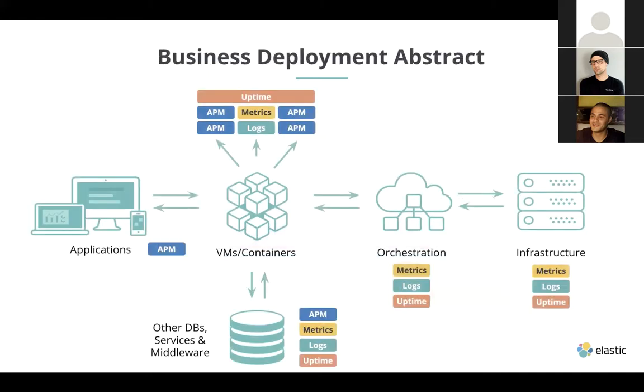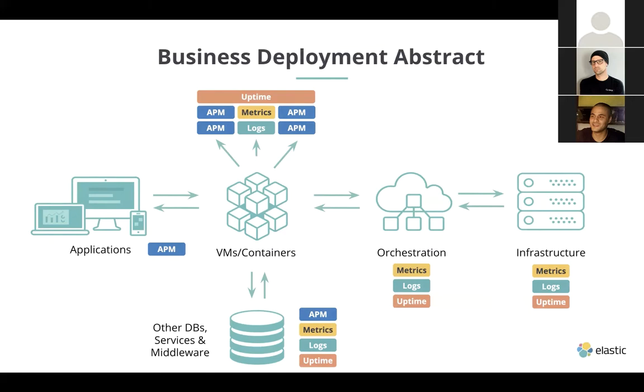Here's a brief overview, an architecture abstract, if you will, of all the various places that you can deploy our APM solution. It comes in two parts. You have your APM agent that lives next to your apps and any of the components that you're looking to track from a metrics, performance, and error handling perspective.